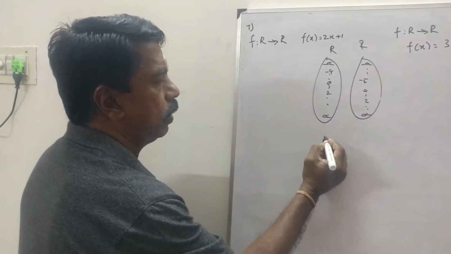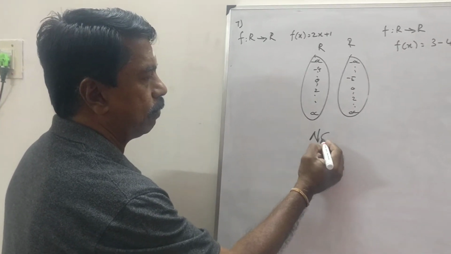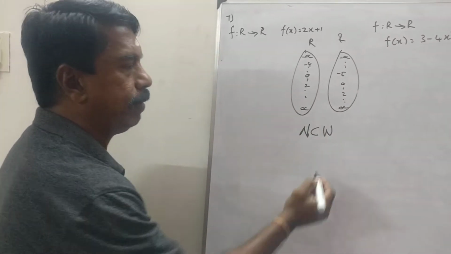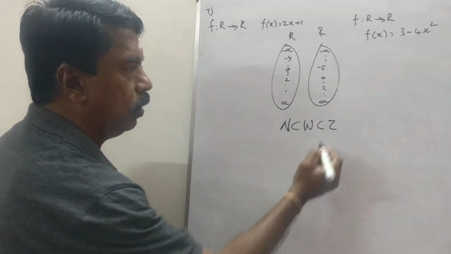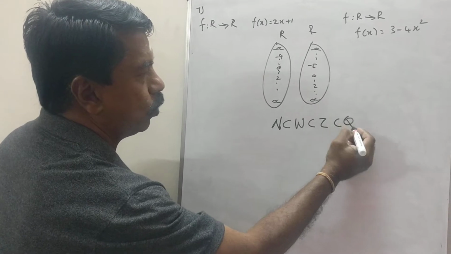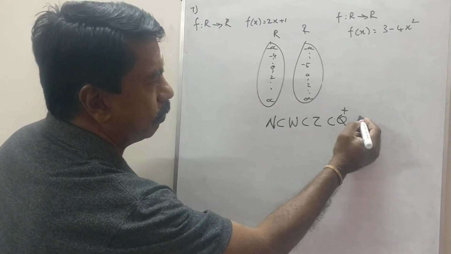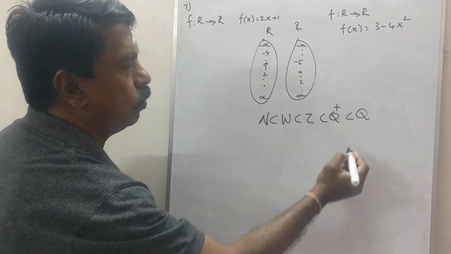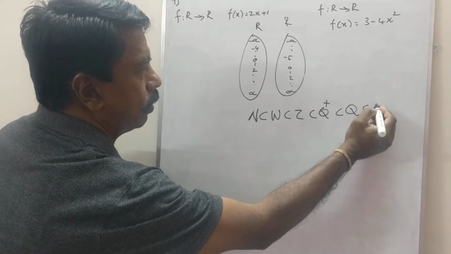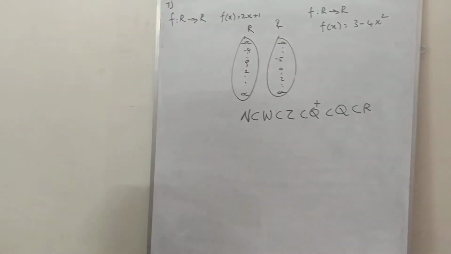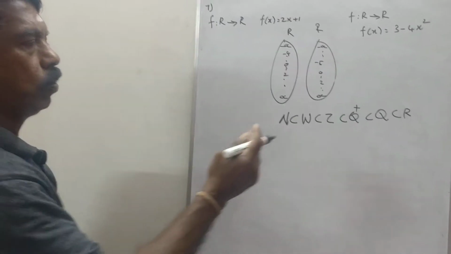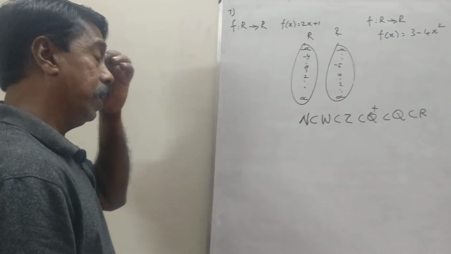N is the subset of W, the whole numbers, which is the subset of integers Z, which is the subset of Q plus, and which is the subset of total Q, and which is the subset of R. Otherwise we can include irrational numbers also here.